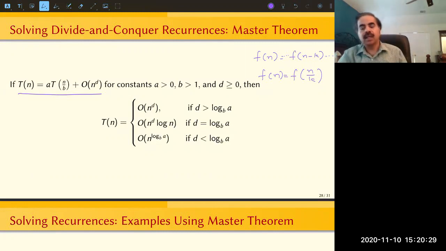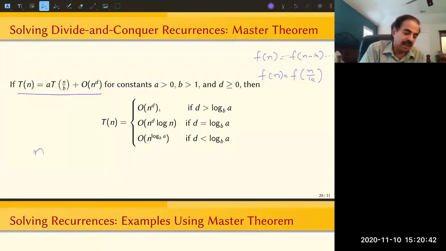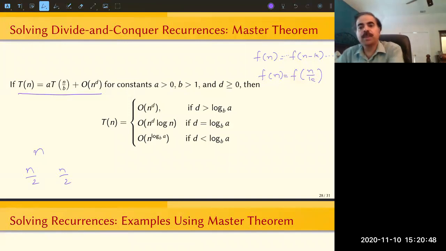The way a divide and conquer algorithm works is that you take the input and you divide it into pieces. Often, if your input is n, the pieces are n by 2 and n by 2. But there are cases where you divide it not into two pieces, but into k pieces, or in this case, b pieces, and each piece is of size n divided by b.